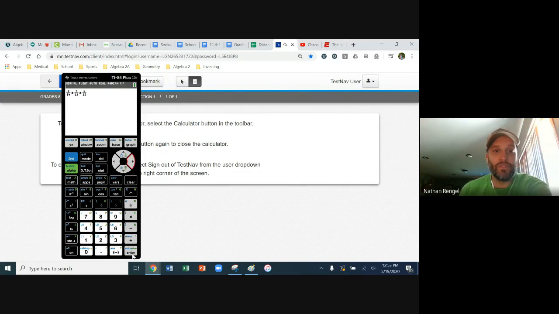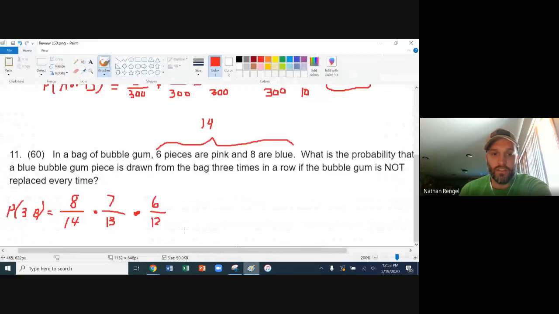So we multiply those 3 fractions together, we get 2/13. We'll change that to a decimal. 2 divided by 13, about a 15.4% chance.